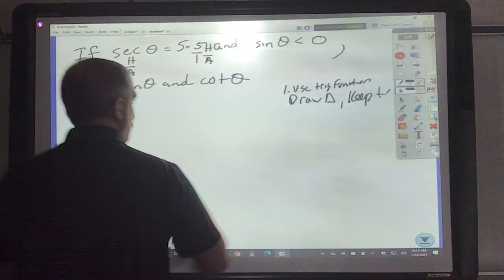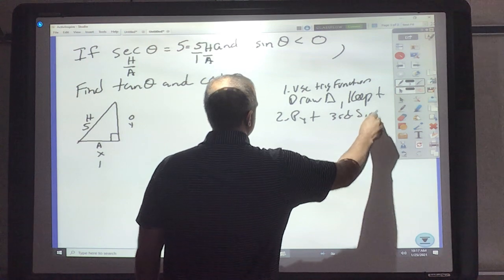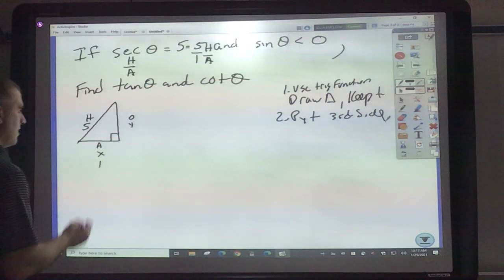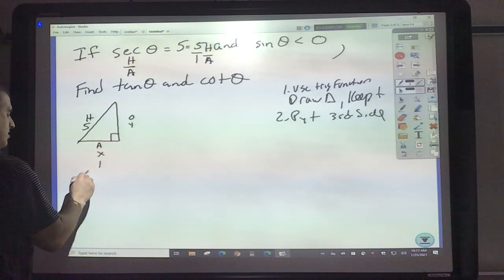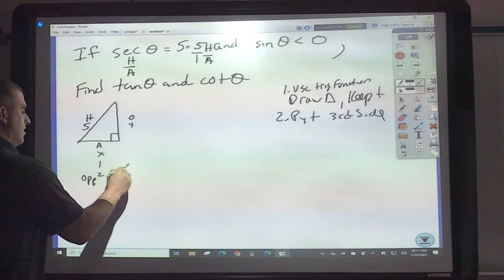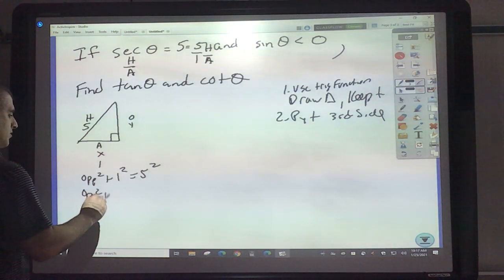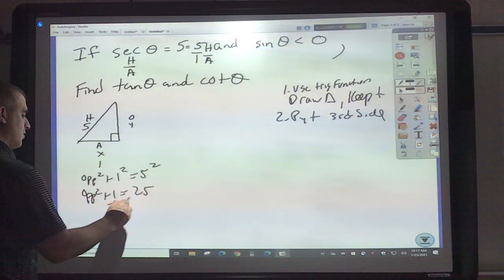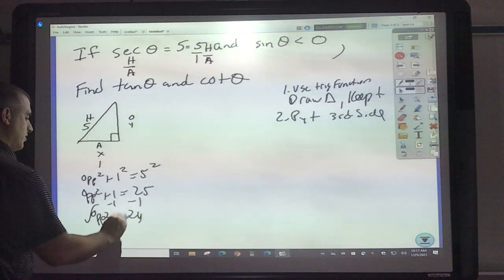Then we want to do PYT to find the third side. That doesn't change. So I would do my opposite squared plus 1 squared equals 5 squared. So that would be opposite squared plus 1 equals 25. Subtract 1, I get the opposite squared equaling 24, square root of 24.